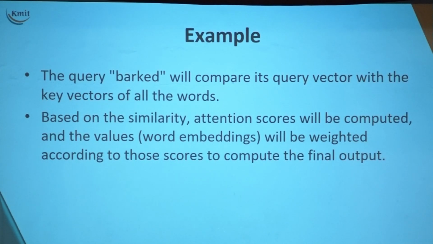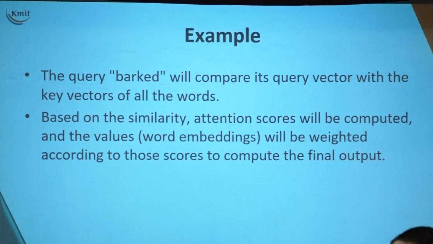Now, the query barked will compare its query vector with the key vectors of all the words. Based on the similarity, attention scores will be computed and the values will be weighted according to those scores to compute the final output. This process is important for attention. So that means the ones that are closer will be calculated.